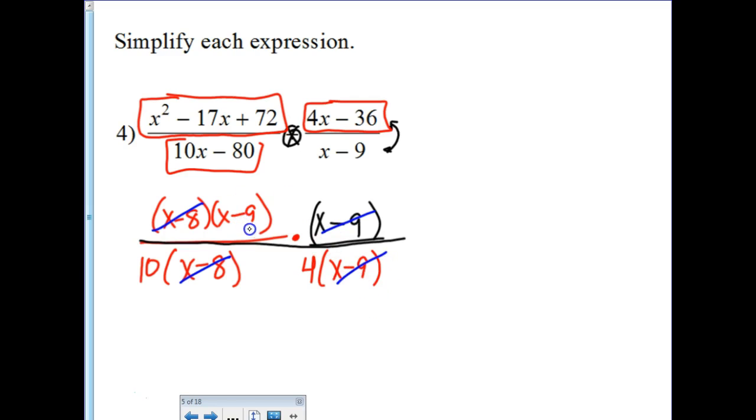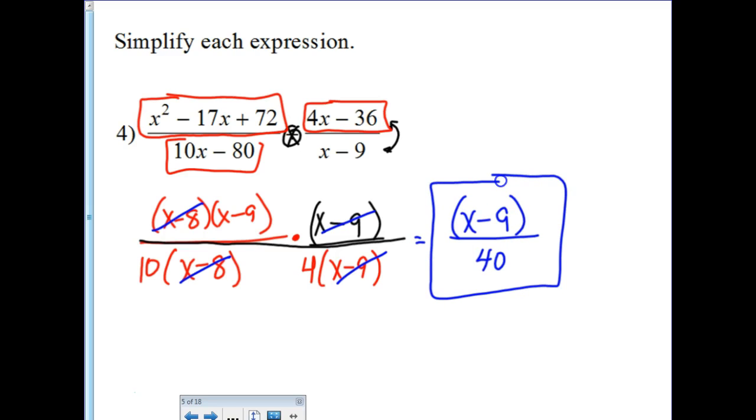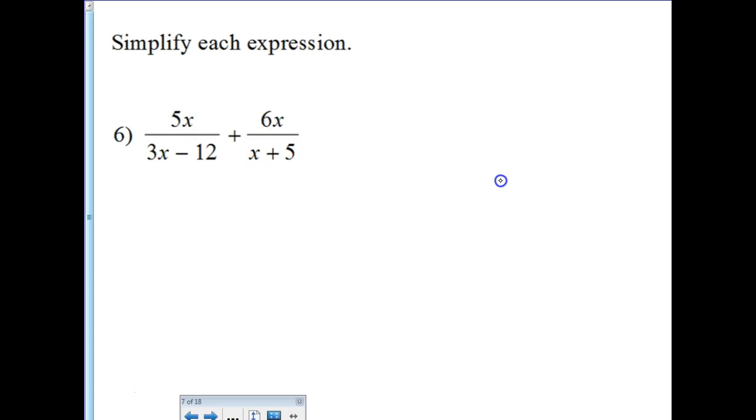There's still a third x minus 9 that's remaining in the numerator. It's going to have to stay there. And I think we're done canceling. So you have x minus 9 in the numerator. You have 10 times 4 in the denominator, so we'll call that a 40. And remember, this is a binomial. It's its own term. It's not going to reduce anymore. So there is your final answer. Okay, going back to number 6 now. Common denominators are necessary.